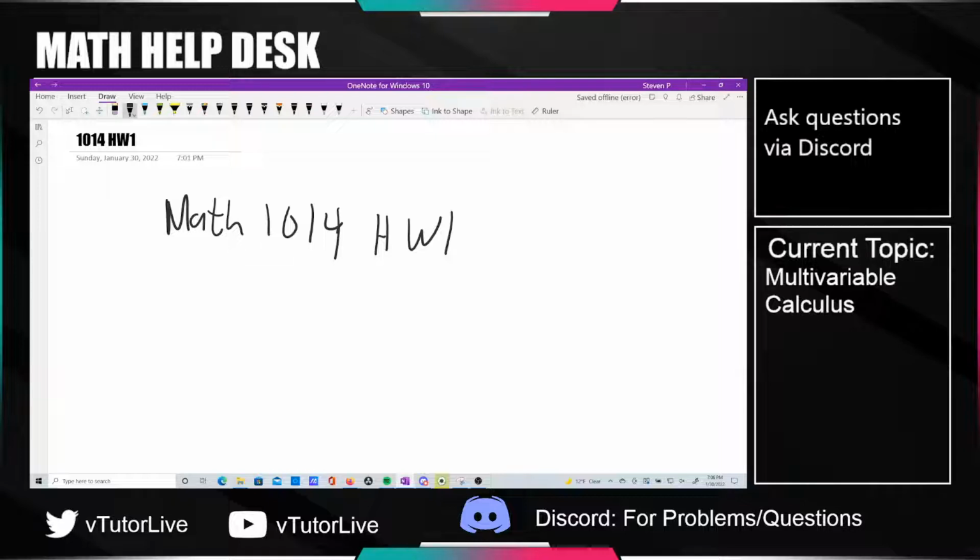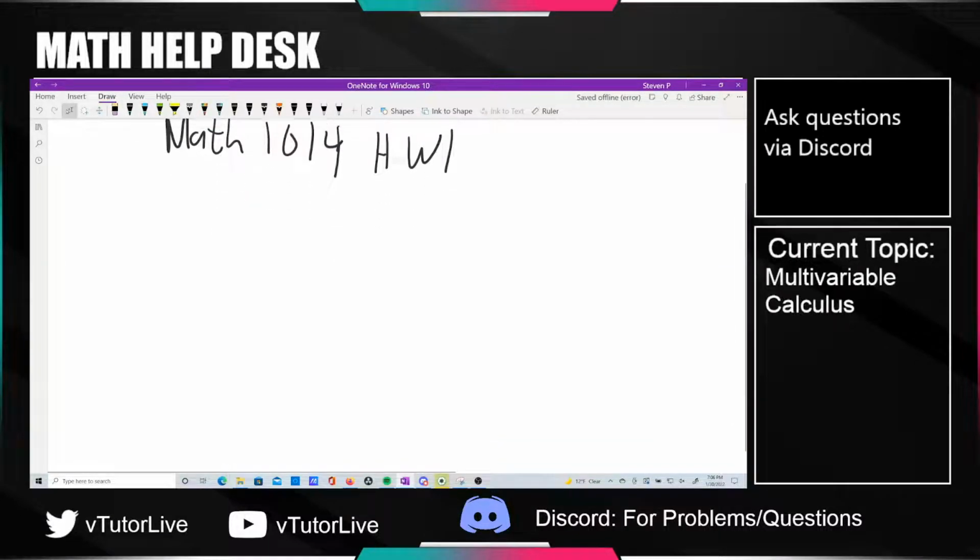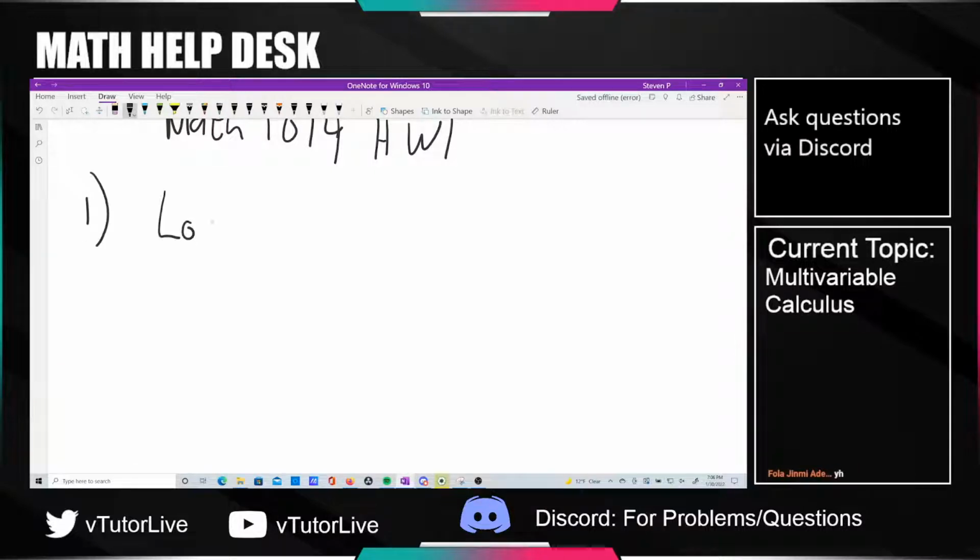Okay. Let's just go ahead and get started with the problems. So let's take a look. The first problem asks about some sort of Lorenz curve. So number 1 is this Lorenz curve.